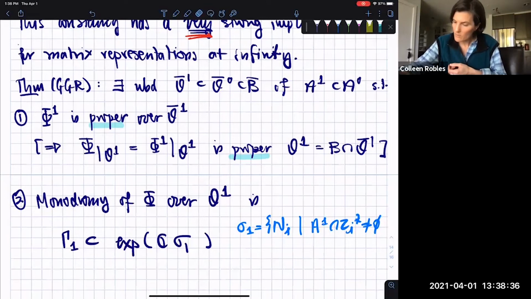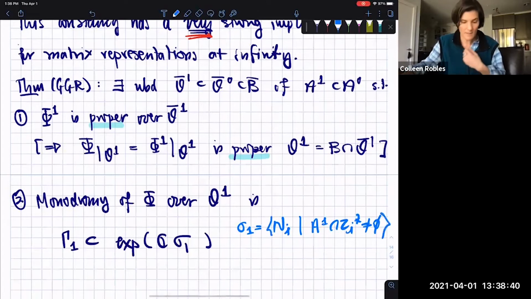So this statement too is what I meant when I said that the monodromy about the fiber is almost as good as the local monodromy. It's contained in the exponential of a nilpotent cone.